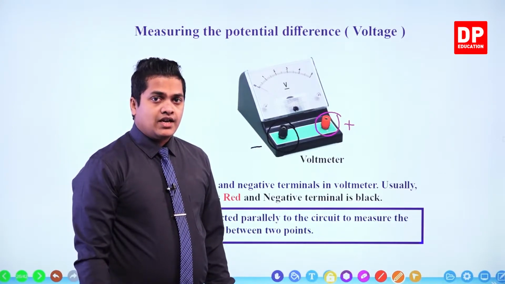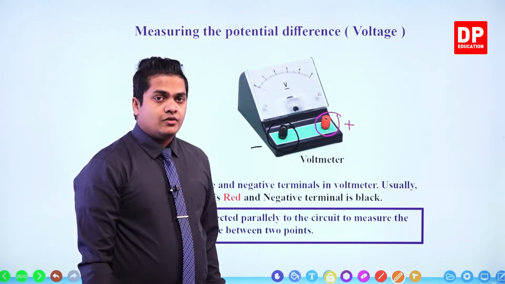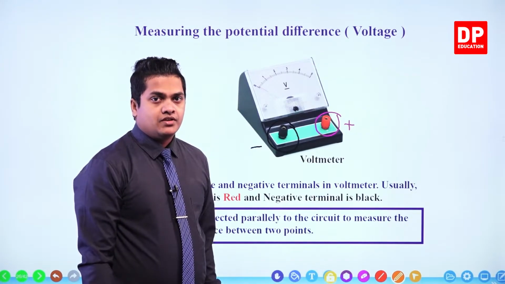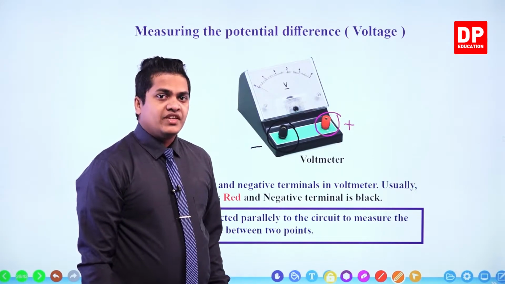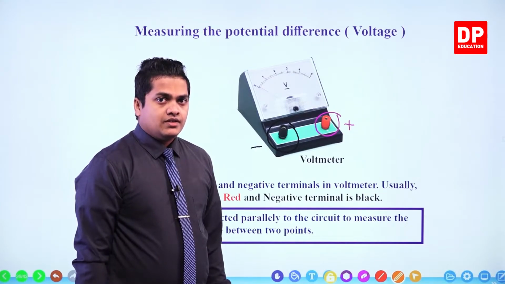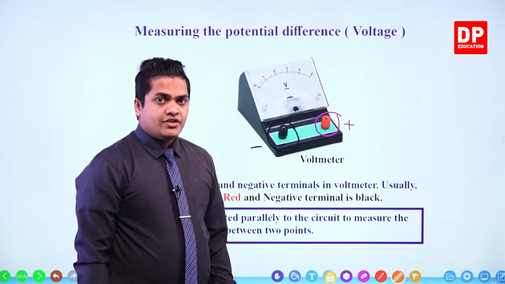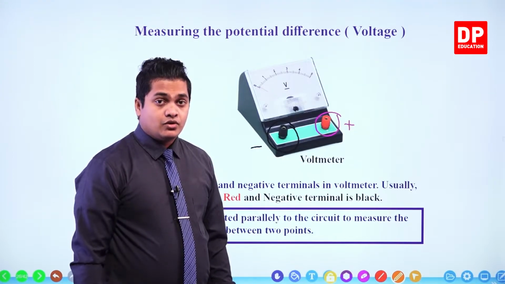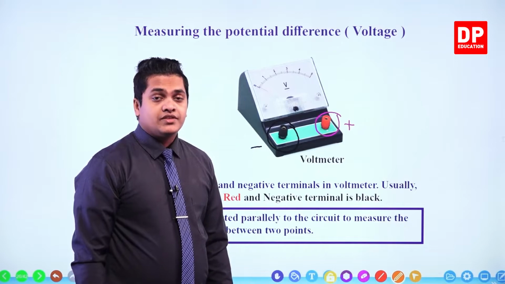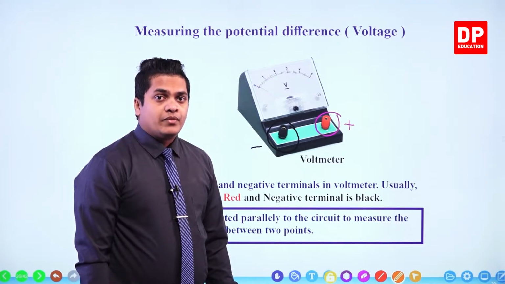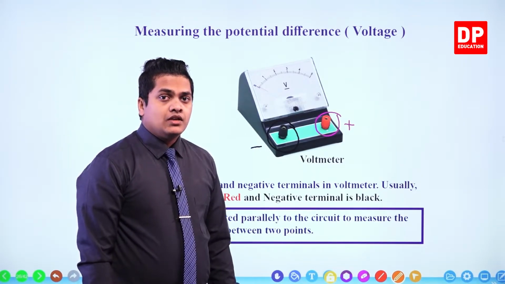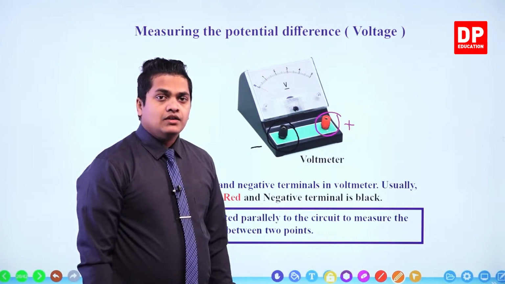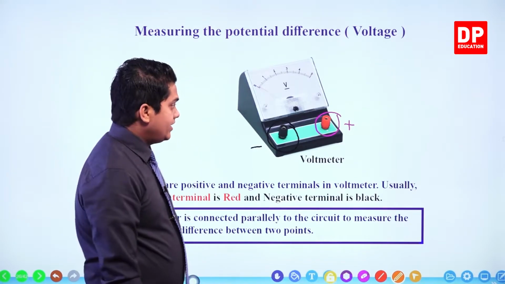Usually we use red color to indicate the positive terminal and black to show the negative terminal. In each of the meters we can observe it. In an ammeter, a milliammeter, microammeter, galvanometer, and even in voltmeters, we can observe the positive and the negative terminal by using red color and black color separately.